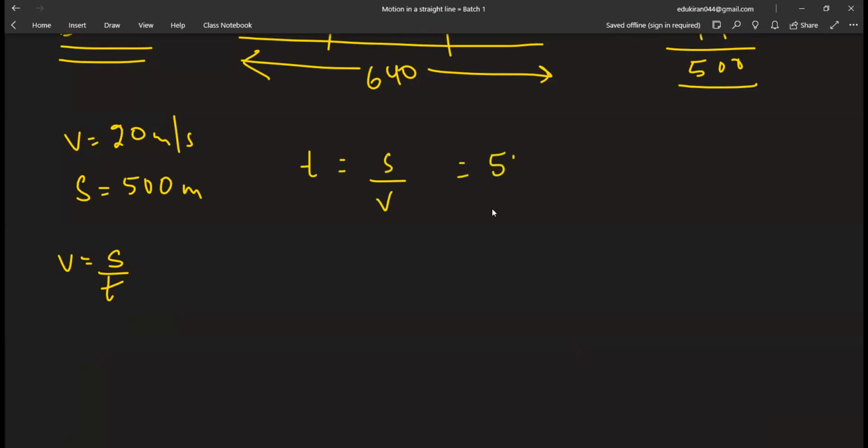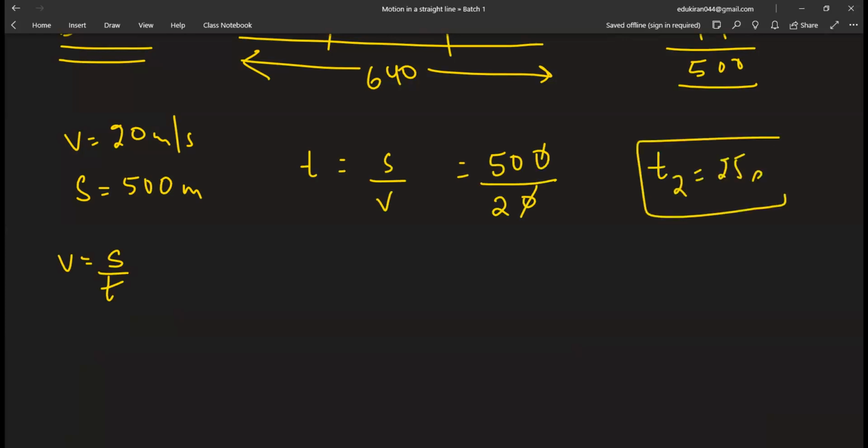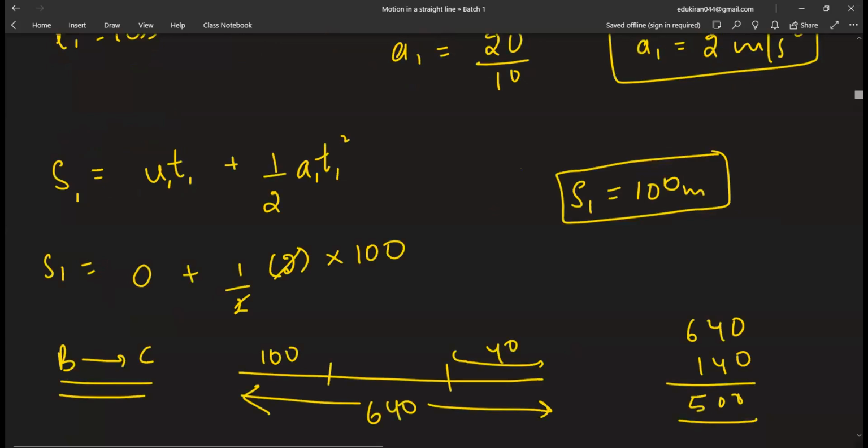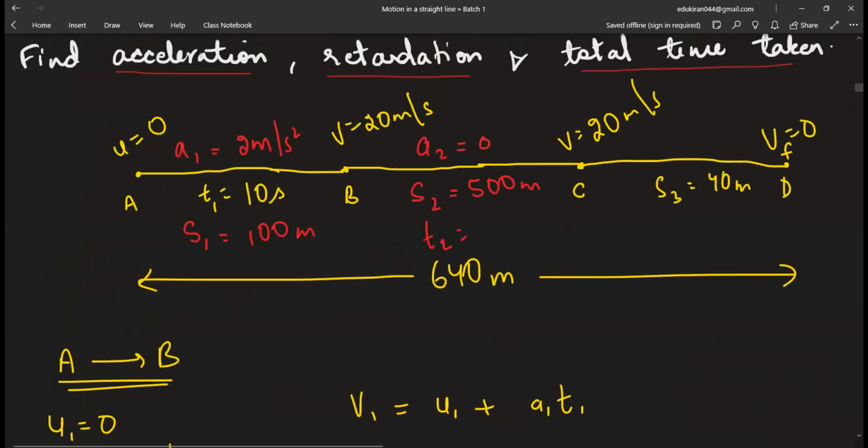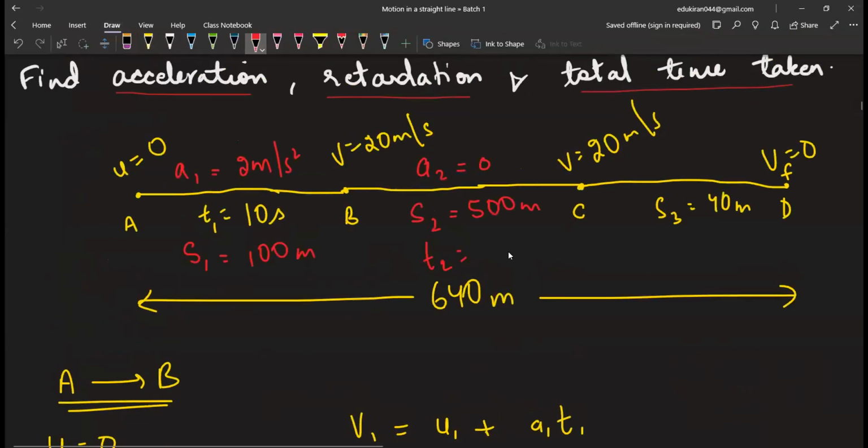Distance is 500, speed is 20. This becomes 25. So T2 is 25 seconds. So B to C part also we have solved like this.